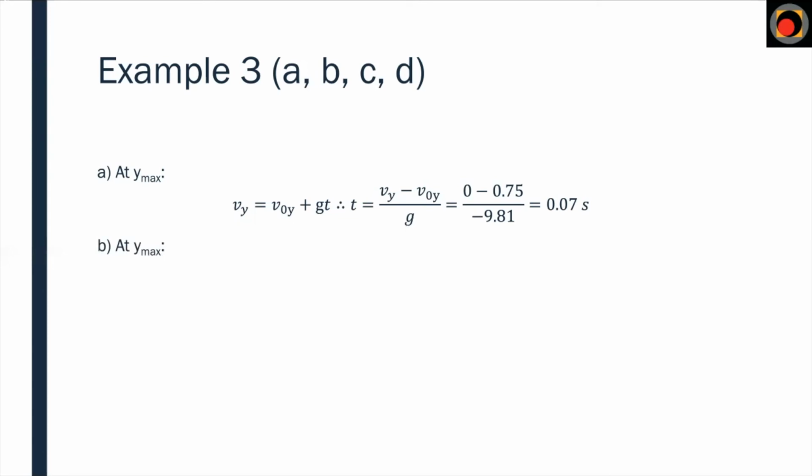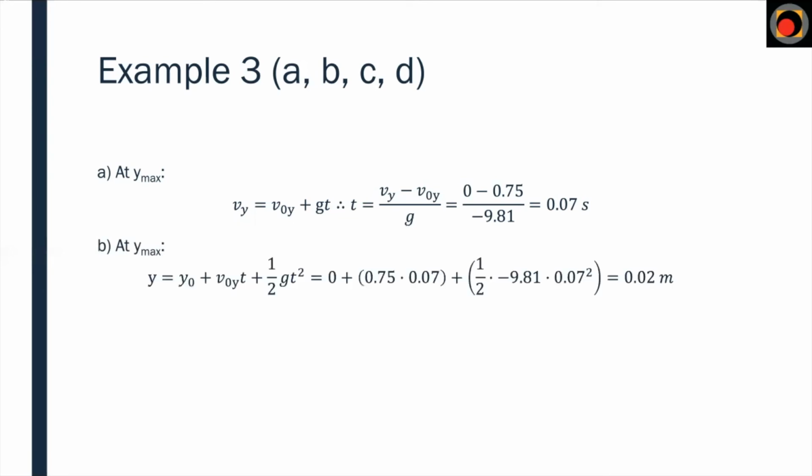Now, we also know that the maximum position, let's get it. We now have the time, so we're getting the position, the maximum height. That's what is being asked on question B. And well, you just substitute the values.